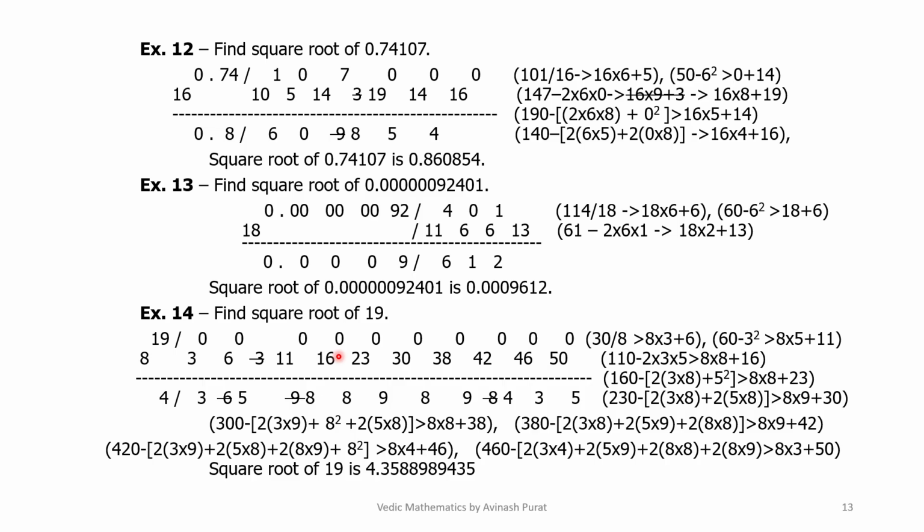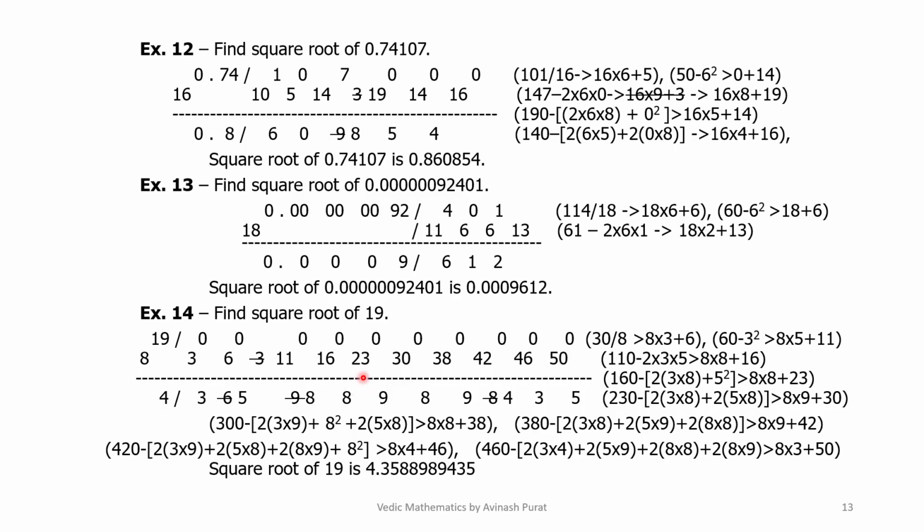160 is the next dividend. 2 into 3 into 8 plus 5 square, that is 48 plus 25 equal to 73, and the balance is 87. So we take 8 as the quotient and 23 as the remainder.